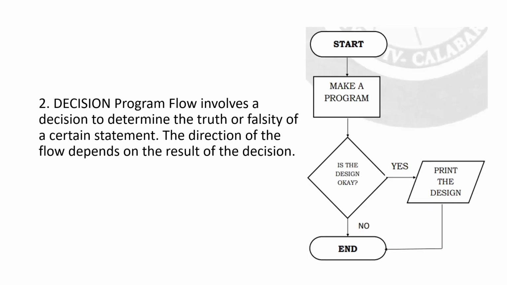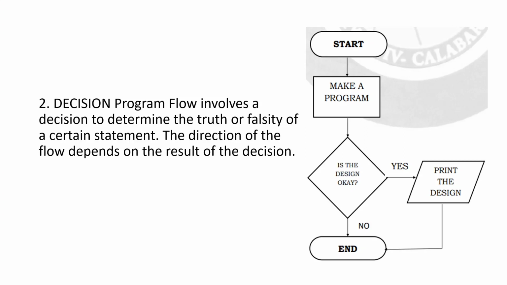Next, we have the decision program flow. It involves a decision to determine the truth or falsity of a certain statement. The direction of the flow depends on the result of the decision. So, given an example, make a program.